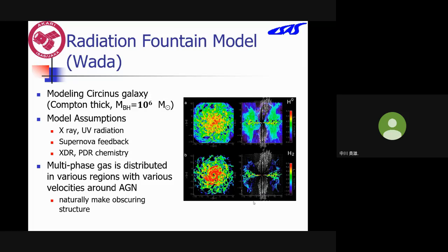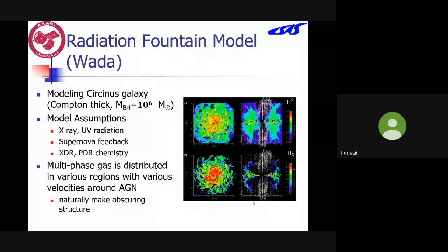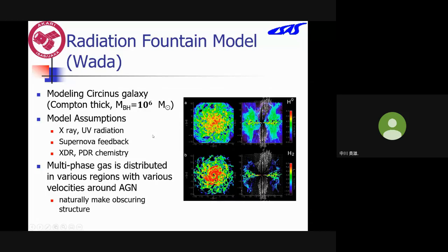And if you are going to have a thick structure, you need some kind of mechanism. So here we assume radiation from the center and also supernova feedback to make this structure. This is a self-consistent model to make this torus-like structure. Using this model, we try to simulate our observation.